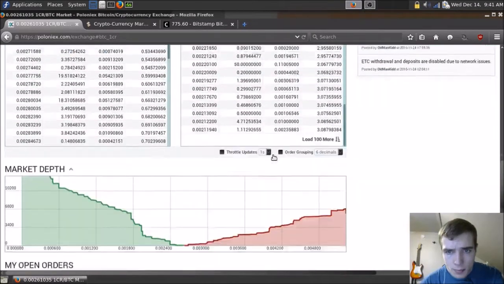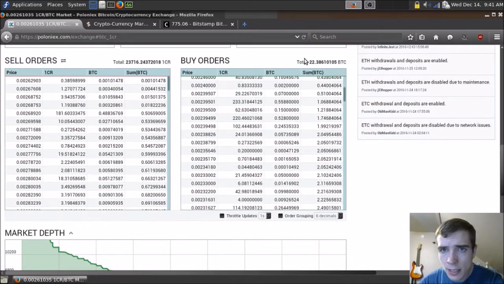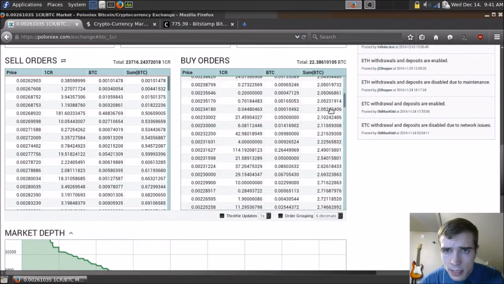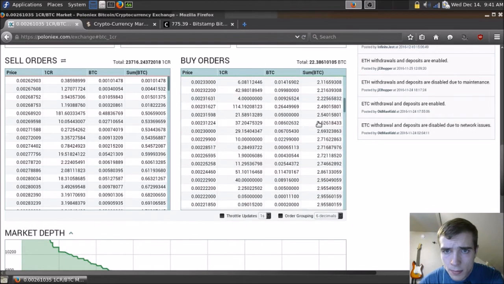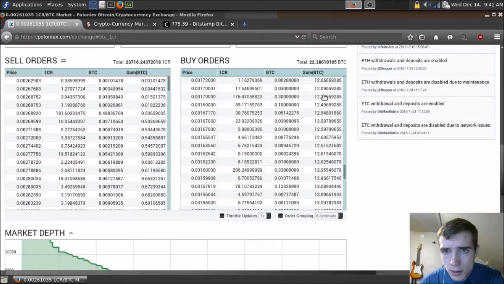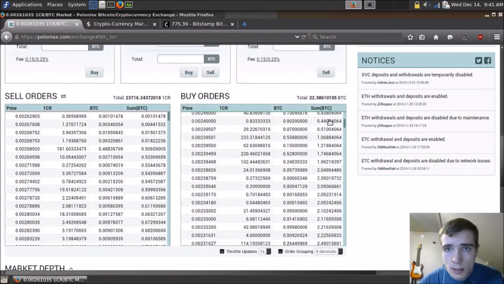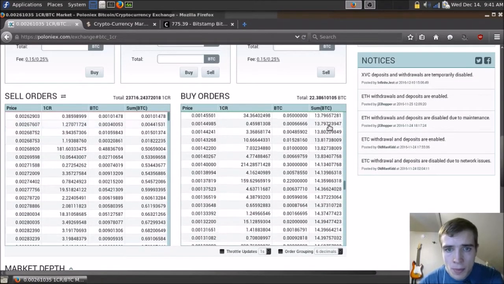Now, if we go down and we load 100 more, and you see the sum BTC over here in the right column, if you look down on the sum BTC, you can see the sum amount of Bitcoin, that means the total amount of Bitcoin at that price in which people will buy.